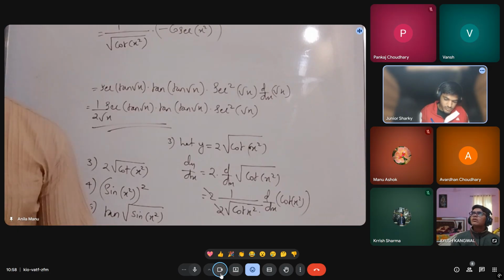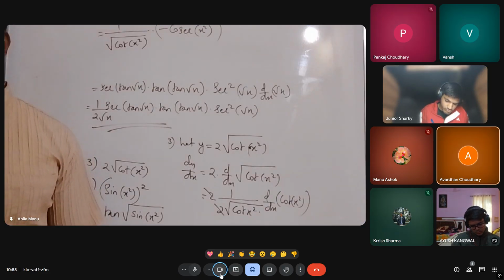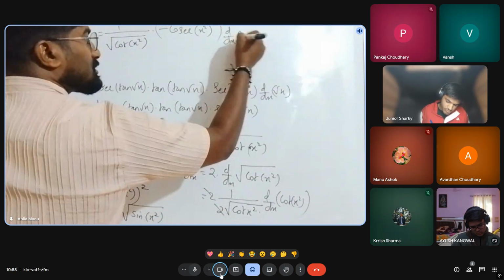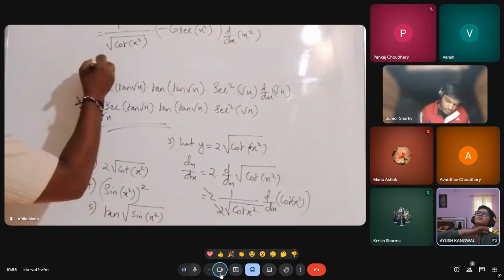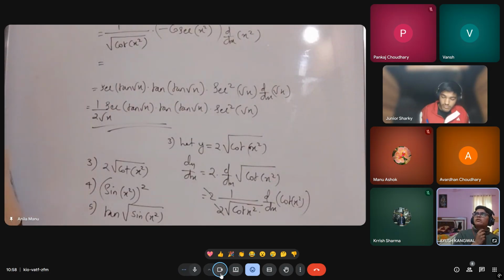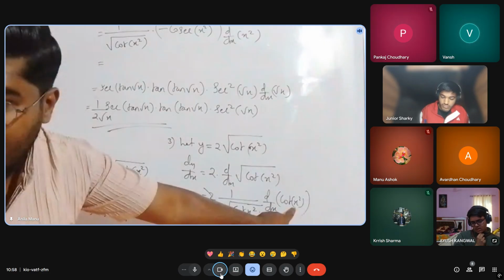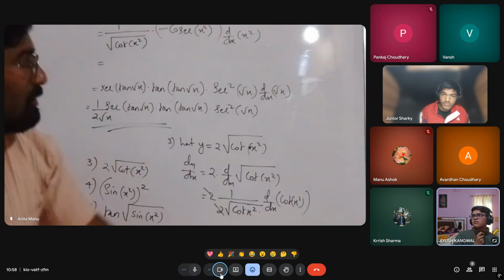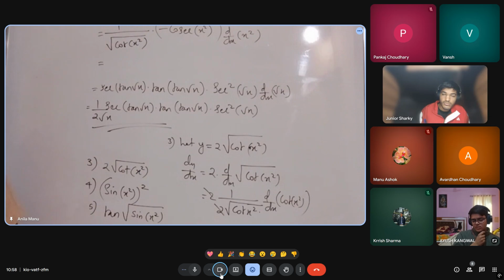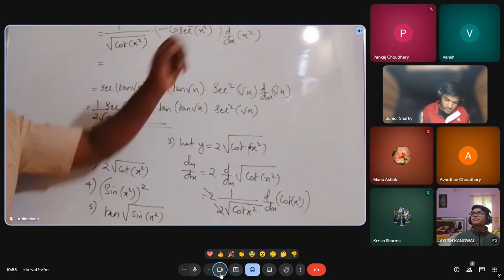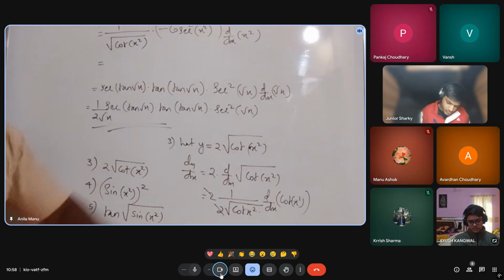Now, do we have anything to differentiate? x square is remaining, so differentiate x square, d by dx of x square. Derivative of cot x is minus cosec square x, so instead of x we have x square. Yes, correct.